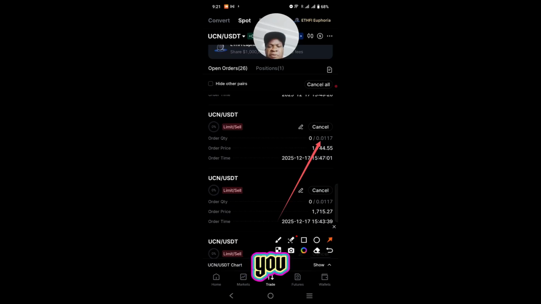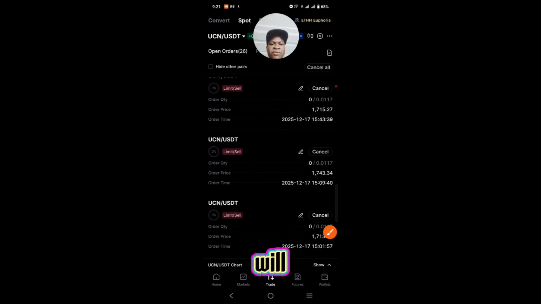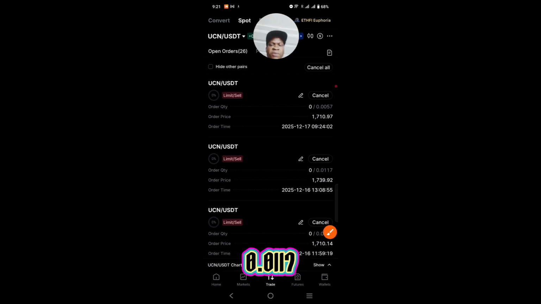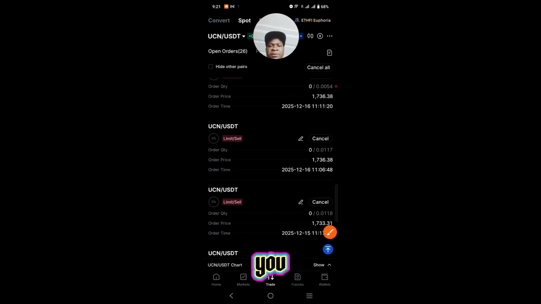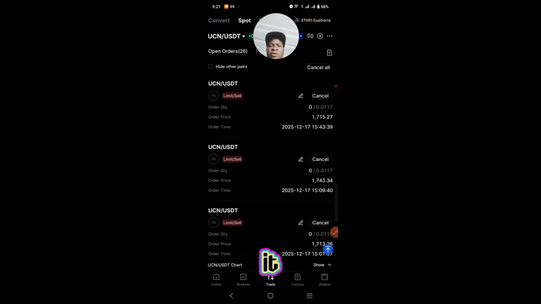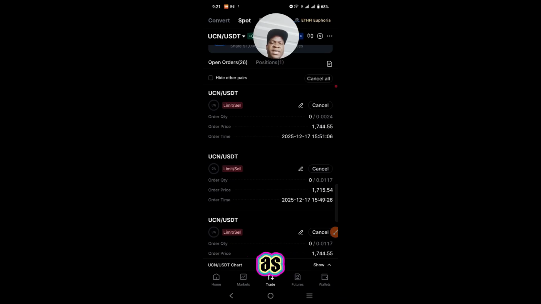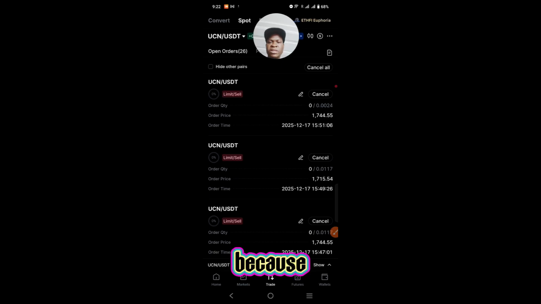If you also check here, you will see another one, 0.0117, right? If you check down, you will see 0.0117, 0.017. There are other ones that are lesser, like this one, for example, which is 0.0057. It's like half of the other ones, as you can see. So the robot knows what it does. It depends on the market and the available cash, and when it sees the opportunity, it enters the market to buy and places an order to sell, right? So these are all sell orders now because it has purchased them.